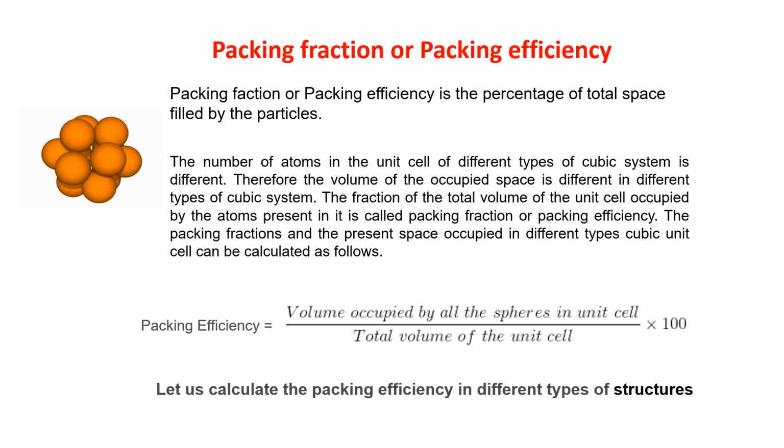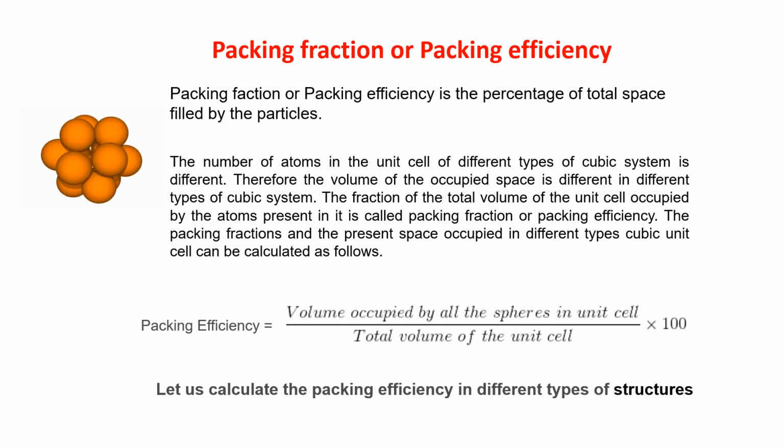Some percentage of the total space is filled by the particles, and that is known as packing fraction or packing efficiency. And the rest of the places, which is not packed by the atoms, is known as void. That calculation also we will do.